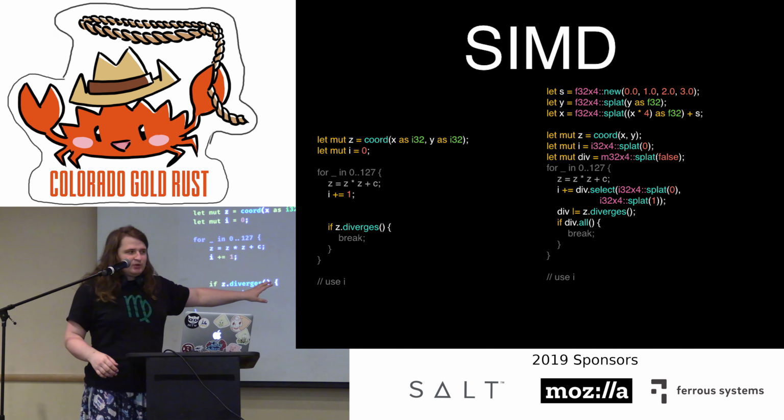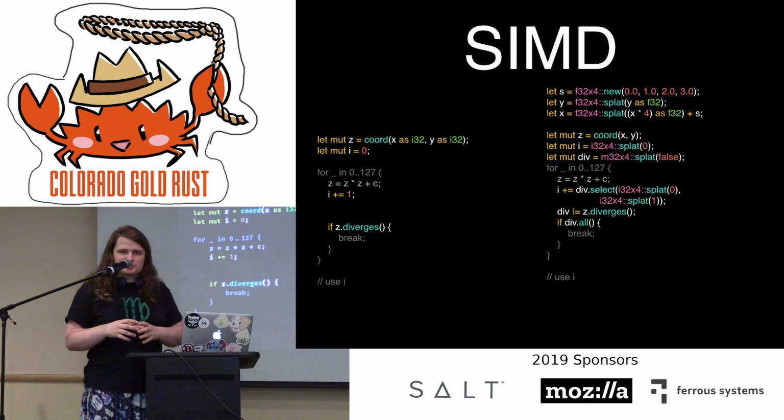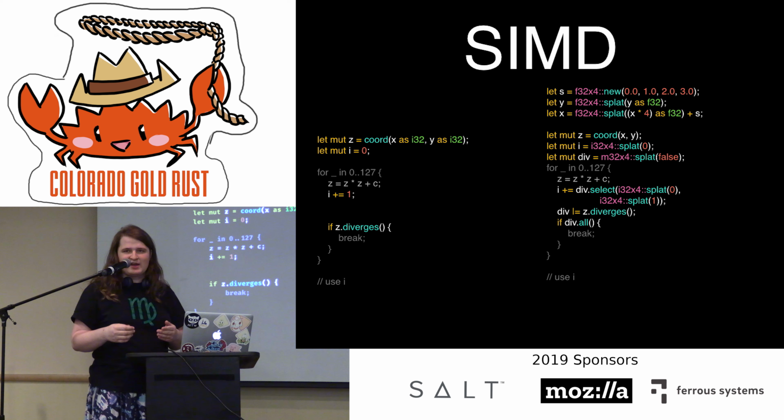Then since the only thing we're using at the end of our code here is the number i, we're able to just change the way we add i. So we add 1 if it's still running, and we add 0 if it's not running. Then we just break if they're all done. So this gives us the effect of we're adding 1, and then when a thing finishes, it stops making changes.